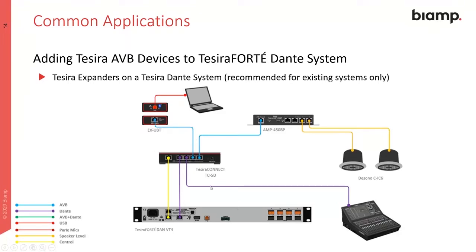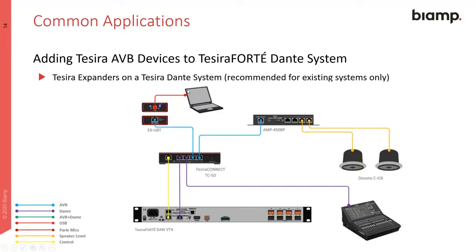In this case, conventionally, without the TesiraCONNECT 5D, you would have to change the Tesira 40 DAN and get another server I/O with a Dante card and an AVB card. But the TesiraCONNECT makes our life easier, so you can bridge the AVB into your Dante network. Basically, you change the AVB into a Dante flow and connect it back to your Dante system.